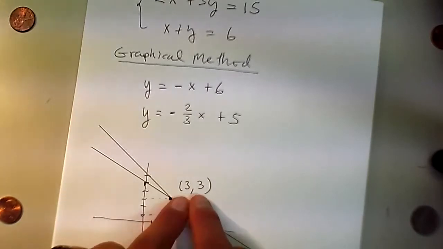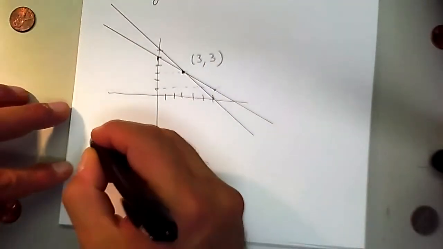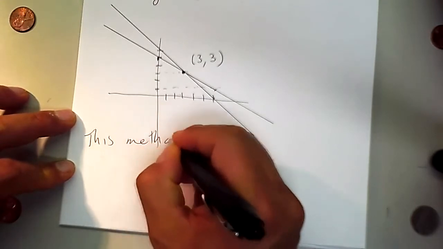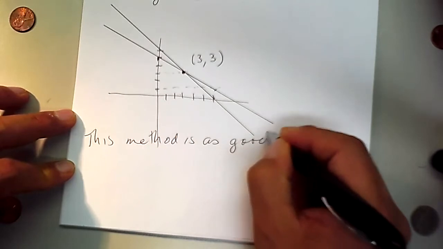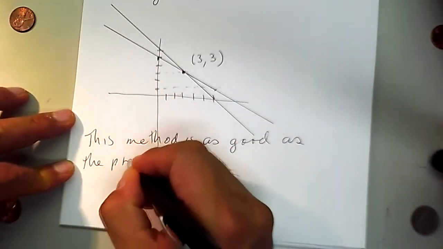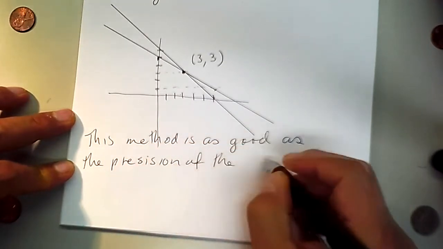What if the answer is supposed to be 3 point something? So let me write this down. Okay, so this method is as good as the precision of the drawing.